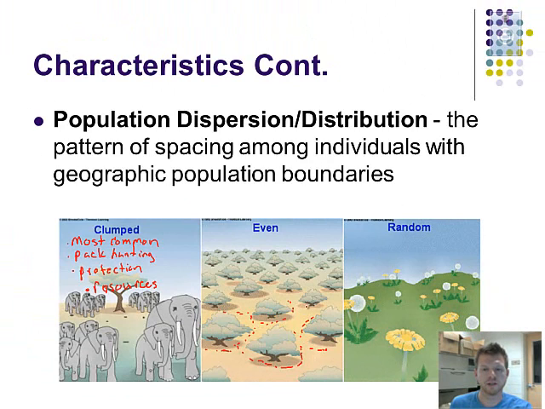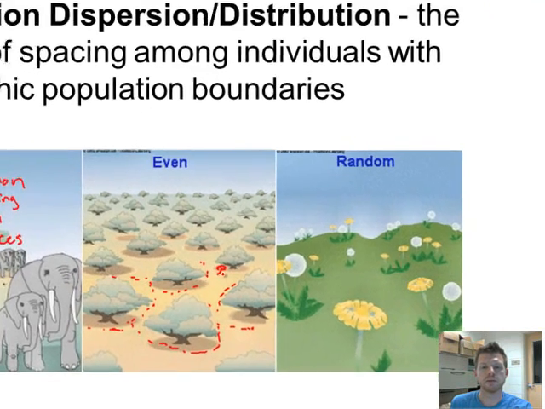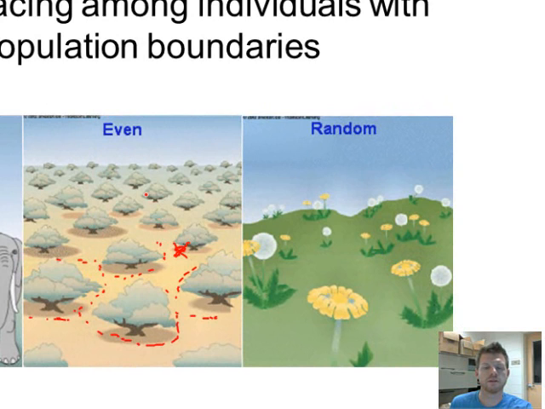Those that try to start to grow in this area, let's say a little plant tries to grow in here, they don't get enough sun, maybe not enough water to compete with the established plant, so they'll end up dying off. If we're looking at animals, this can suggest animals that are territorial.